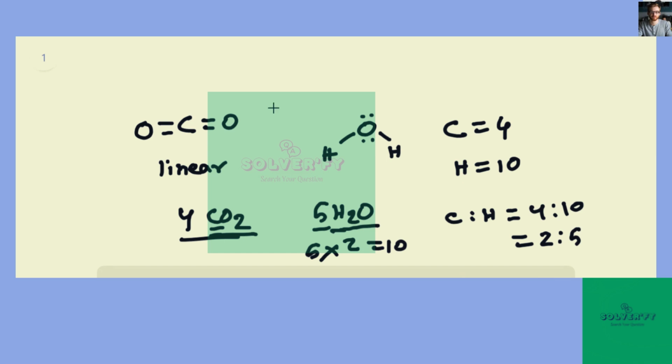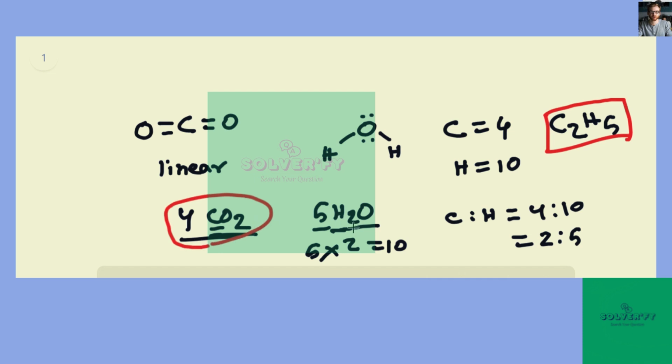That means the empirical formula for this one will be C2H5. So C2H5 is the empirical formula of the hydrocarbon from which combustion we are having these 4 CO2 and 5 H2O in the diagram given.